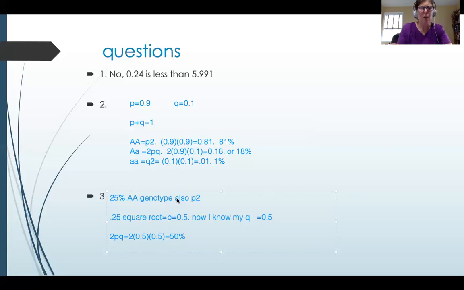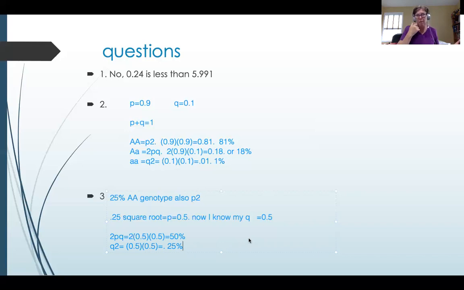What is my Q squared? Q squared. And so again, that's going to be 0.5 times 0.5. And that's going to give me 25%. And that should come out right? 25% plus 25% plus 50% gives me 100%. My population is all accounted for.